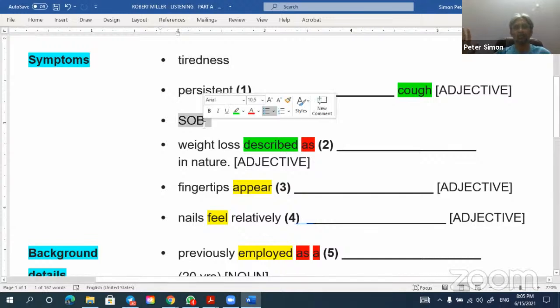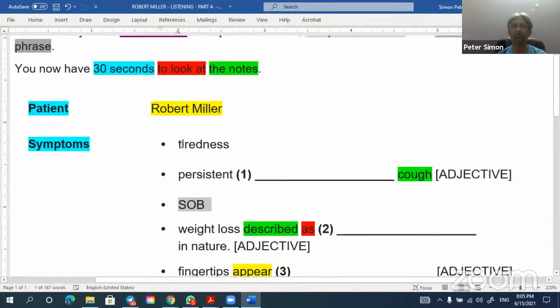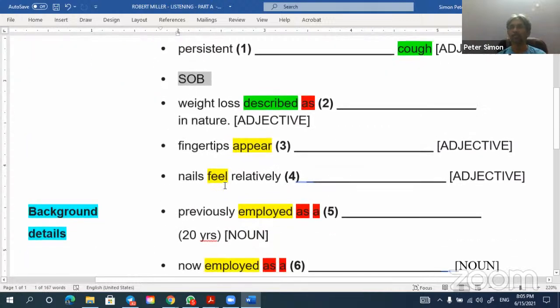Relax. Once shortness of breath is finished, immediately, weight loss, alert. After that one, fingertips, alert. Nails, alert. So these are the words which are going to make you alert. After tiredness, not during tiredness. After tiredness, you'll get alert. Then after SOB, you'll get alerted. Then continuation.